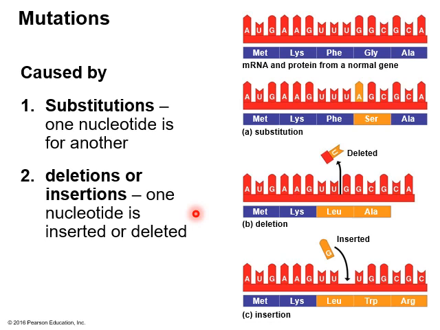If this substitution or deletion or insertion occurred, say, in a cell at the tip of your finger, you wouldn't pass that on to your offspring. It really needs to be a mutation in a sperm cell or in an egg cell. But what that cell at the tip of your finger with that mutation in it can then cause is cancer.